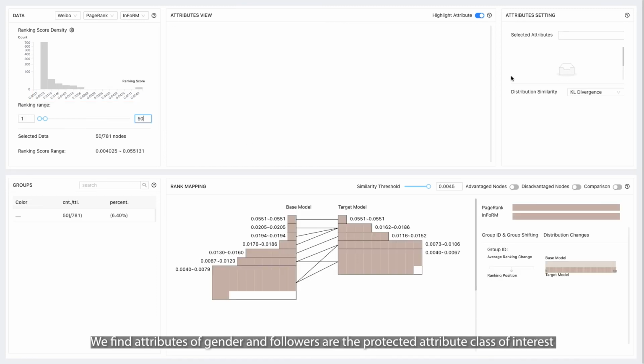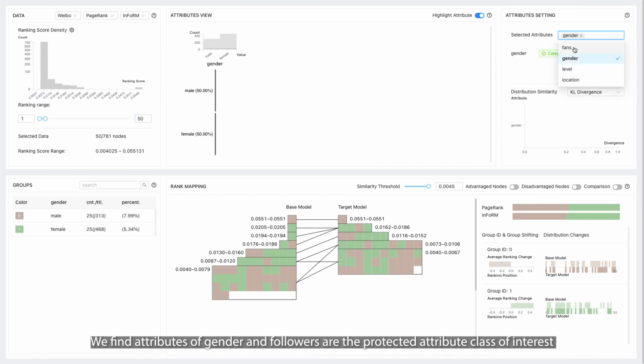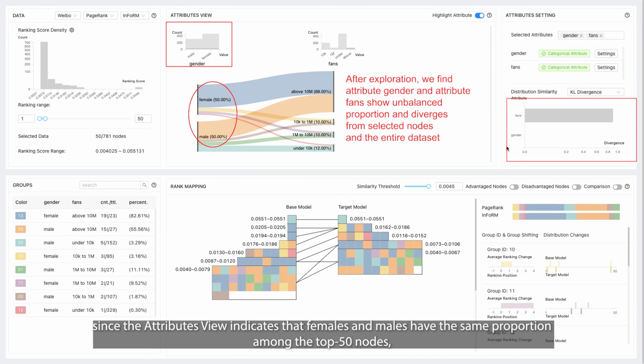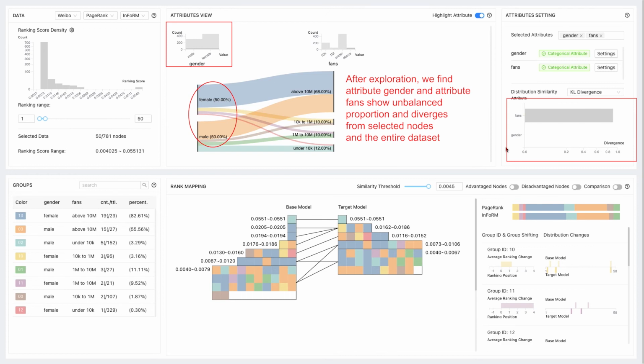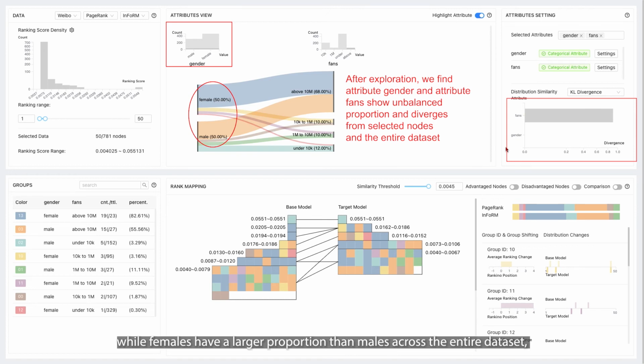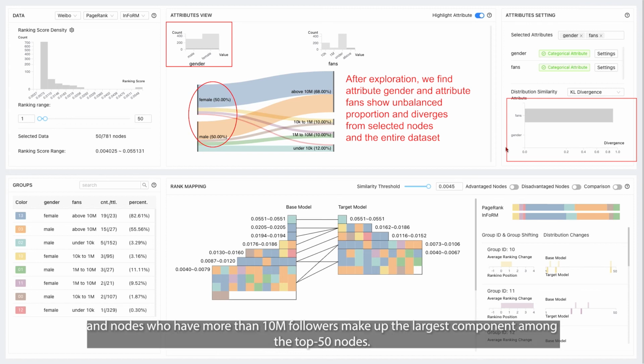We find attributes of gender and followers are the protected attribute class of interest, since the attributes view indicates that females and males have the same proportion among the top 50 nodes, while females have a larger proportion than males across the entire dataset, and nodes who have more than 10 million followers make up the largest component among the top 50 nodes.